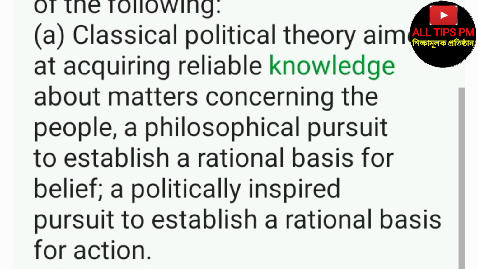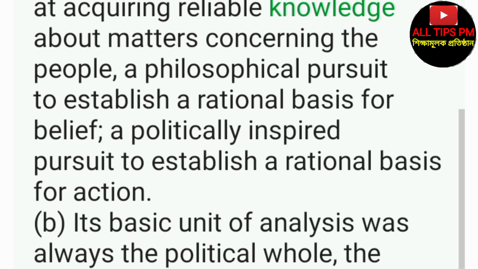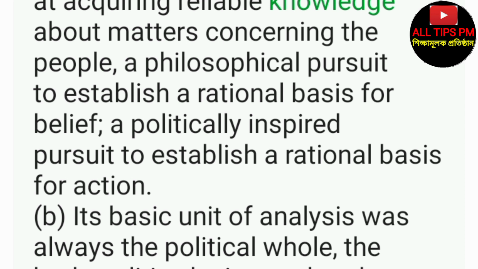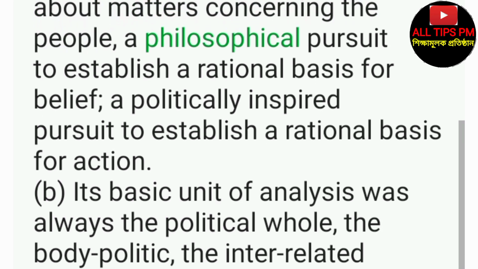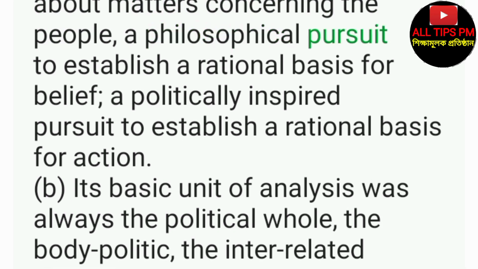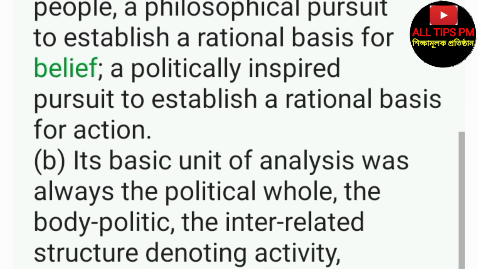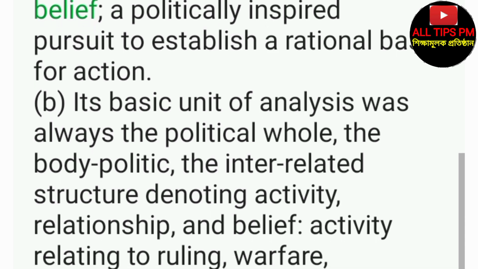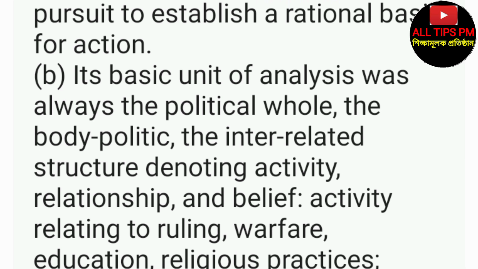A. Classical political theory aimed at acquiring reliable knowledge about matters concerning the people, a philosophical pursuit to establish a rational basis for belief, a politically inspired pursuit to establish a rational basis for action.